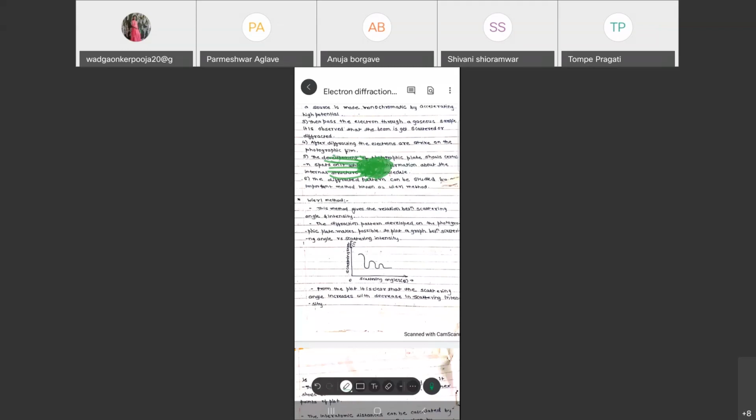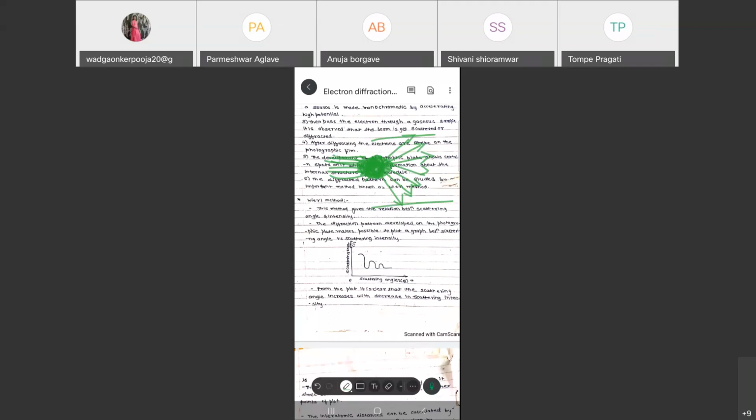Whatever rays are coming fall onto this sample, and these rays are getting scattered, getting diverted, or can pass through the sample, and once they come out of your sample they form this pattern.